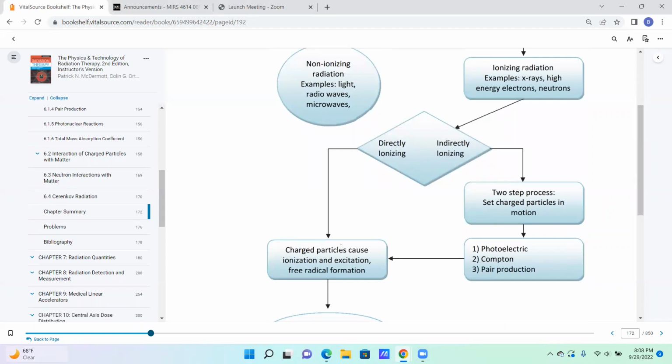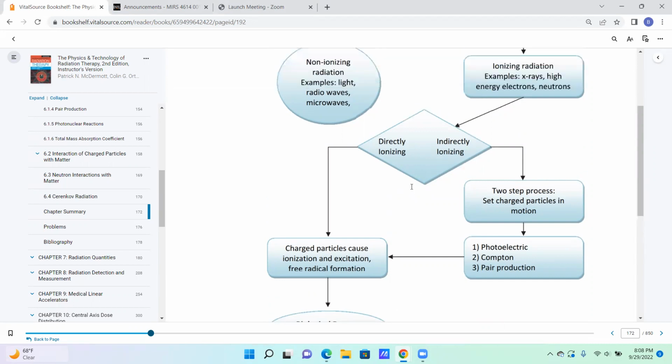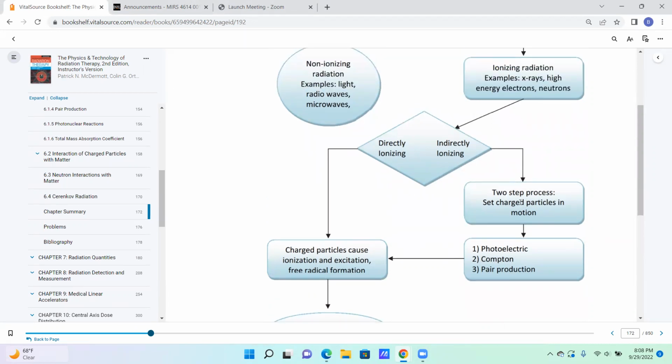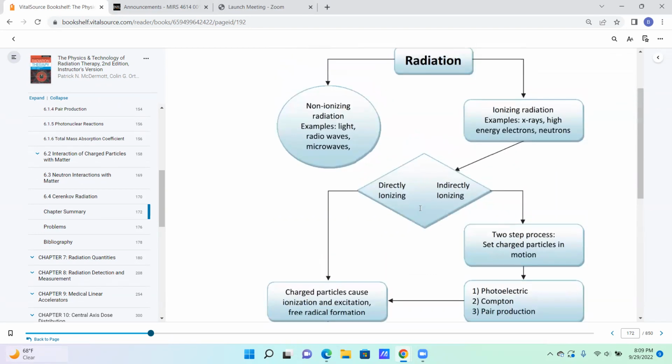If it's direct, then charged particles will cause ionization and excitation, as well as free radical formation, which will lead to biological damage. If it is indirect, then you've got a two-step process. It sets charged particles in motion, and you can have three different types of interactions here, which we will go over, which again lead to this step and then eventually to biological damage.